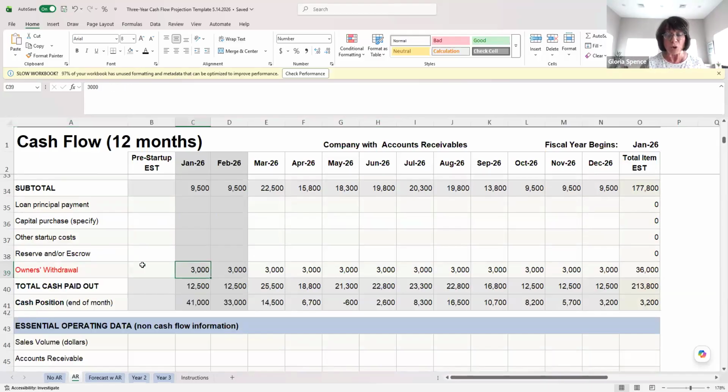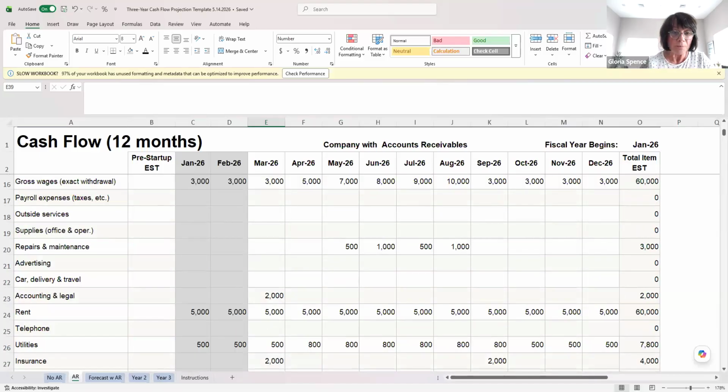Another thing that you can do here is not take any money out of the business for your personal usage. And that will give you $9,000 to maybe bridge 1 month or 2 months. But you have to be able to pay your own personal bills. So that's not as easy. That's not a quick solution unless you've got a big cash reserve in your expenses, which is always a good idea to do.